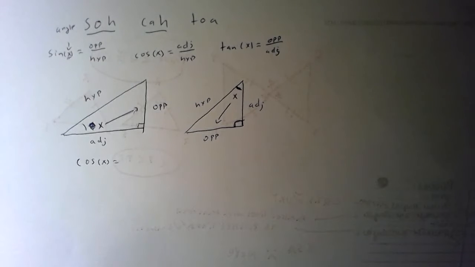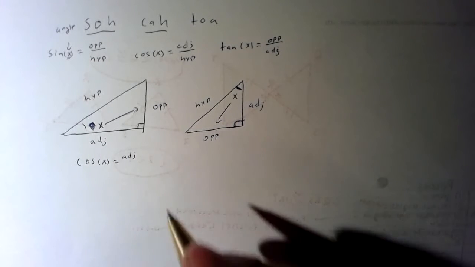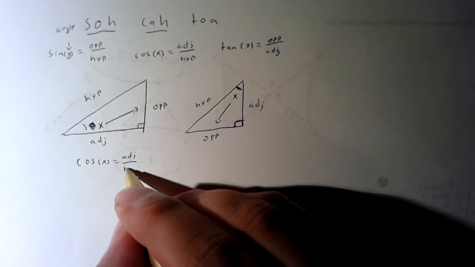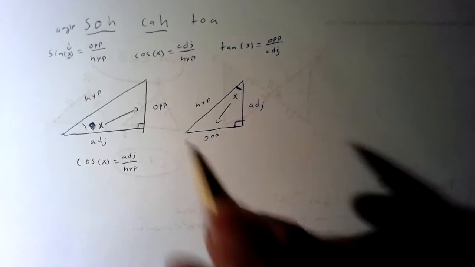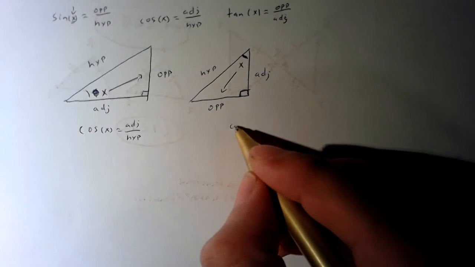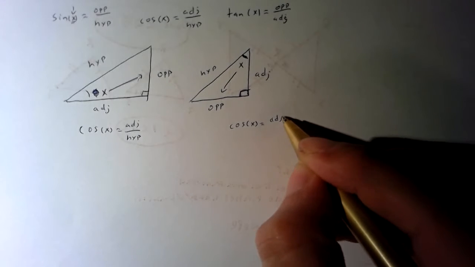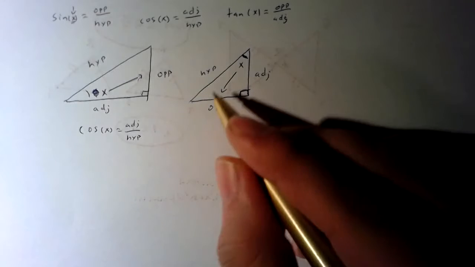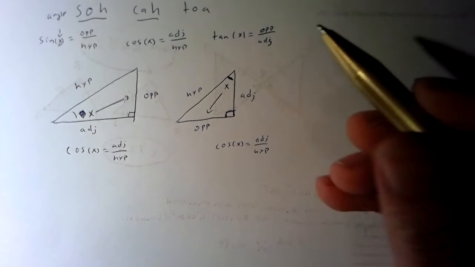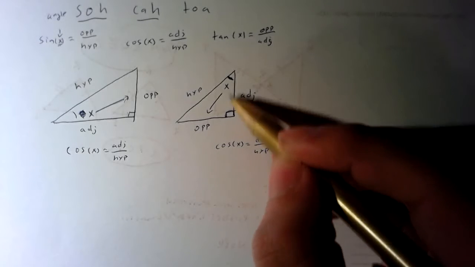This equals adjacent, which would be this guy right here, divided by hypotenuse, which is up here. Okay? Now, look at how it would be over here. It's still the same, right? Like cosine of x is adjacent over hypotenuse. It's still the same on this side. The only difference, though, is what sides we're using. The adjacent is now on this side, right?